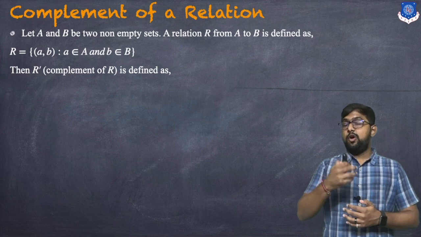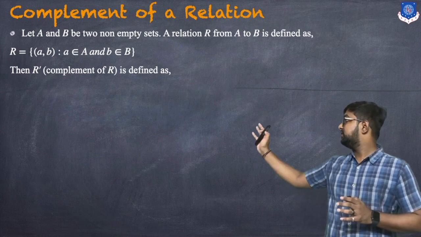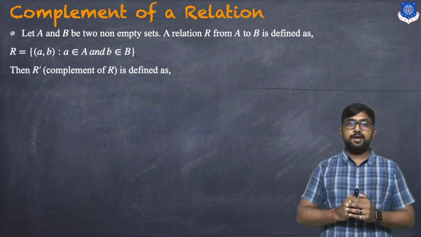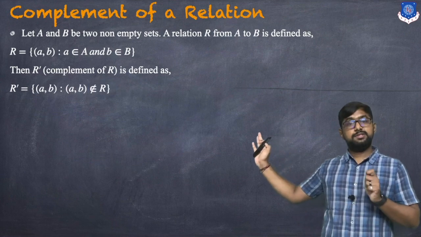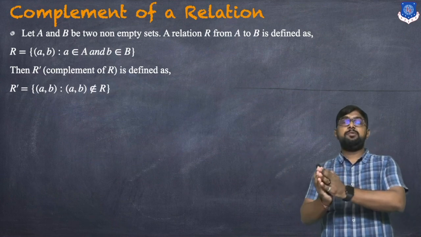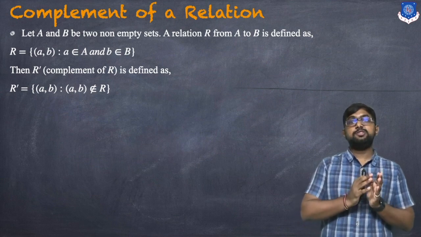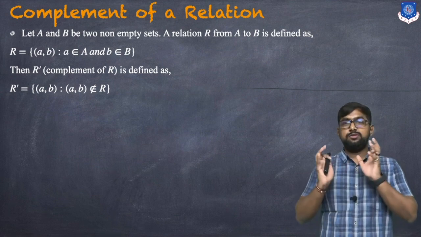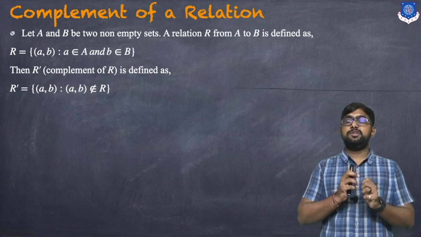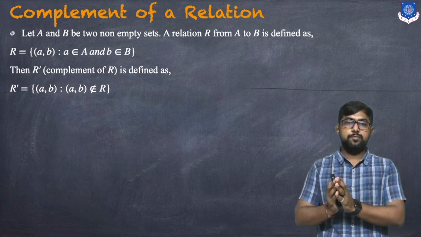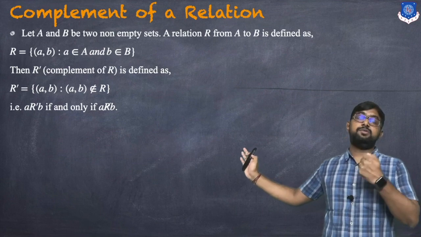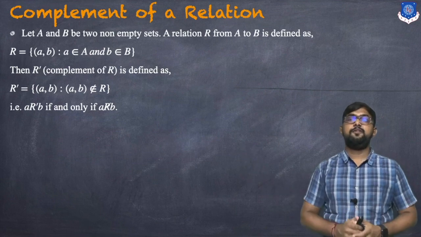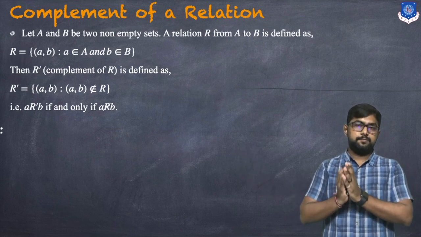Then the complement, which is denoted by R dash, is defined as R dash equals the set of all (a, b) such that this (a, b) does not belong to R. So that means a is not related to b. Just collect all those elements in which a is not related to b. That is, a is R dash related to b if and only if a is not related to b.